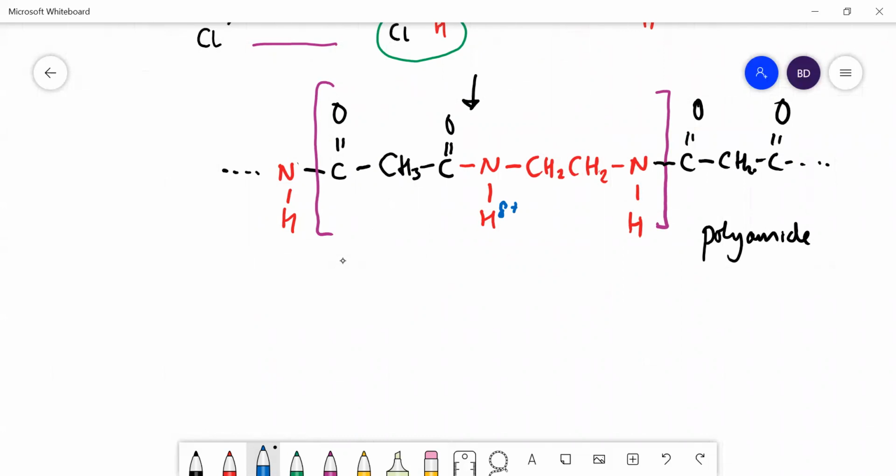So that's a denuded proton that can form hydrogen bonds to a nitrogen on another chain of the polyamide, or it could be to the carbonyl, because that's got a lone pair on the oxygen. That would also form hydrogen bonds. So you can get hydrogen bonds between chains in polyamides.